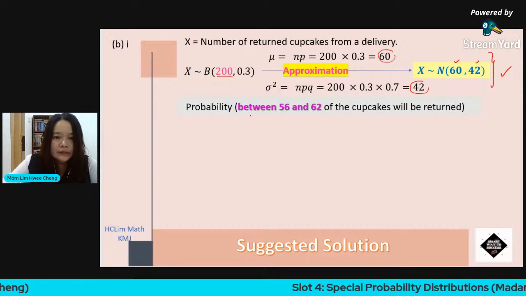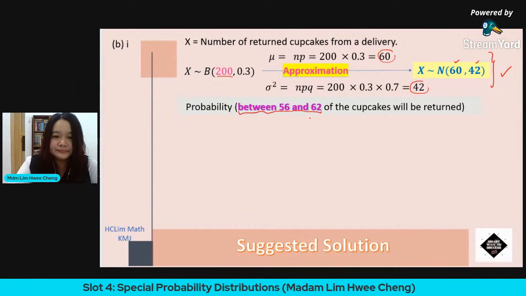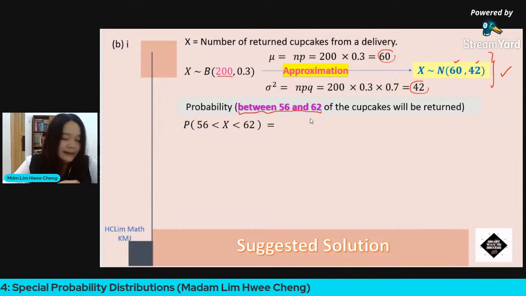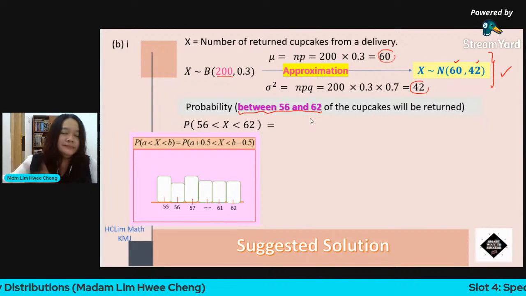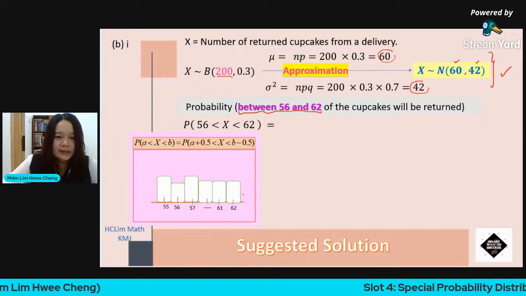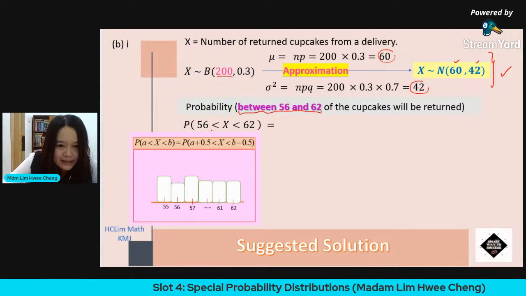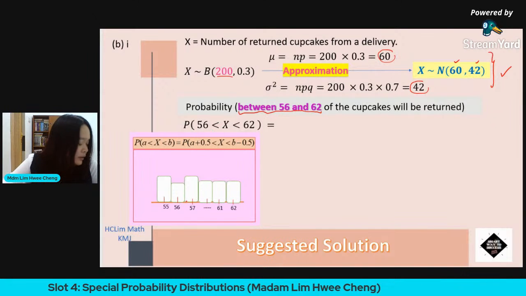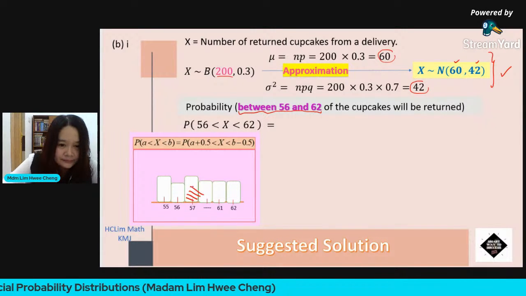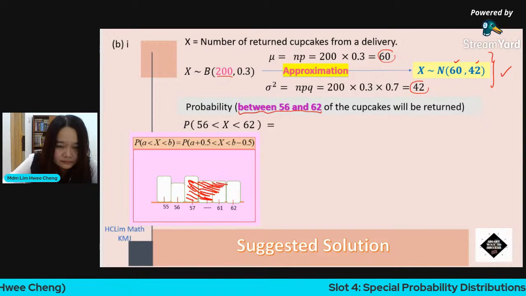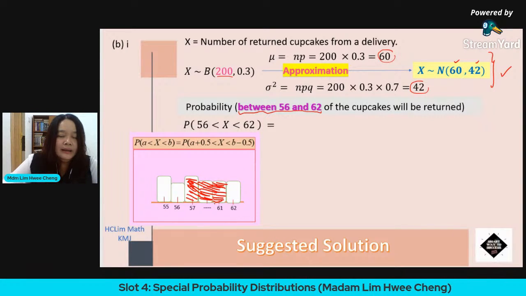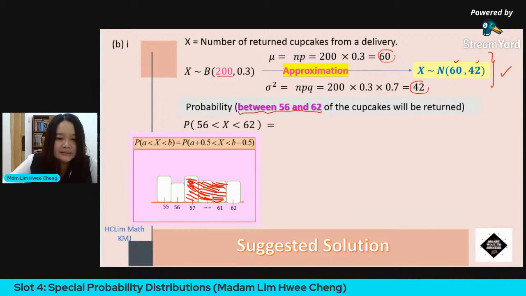First of all, we convert this into the mathematical term. How do we do the correction? Step one, we draw the gigi. Step two, we shade the region. Greater than 56 means 56 is not included, so I shade this region: greater than 56 and less than 62.